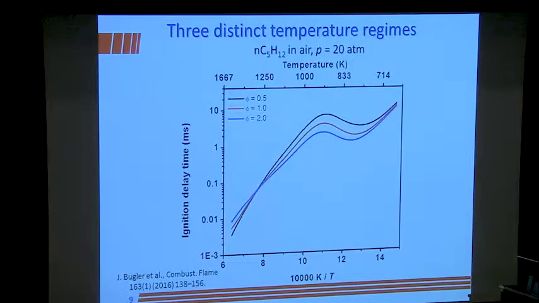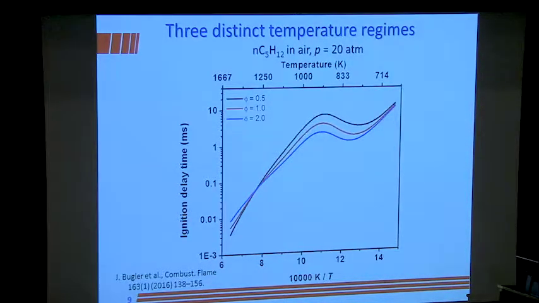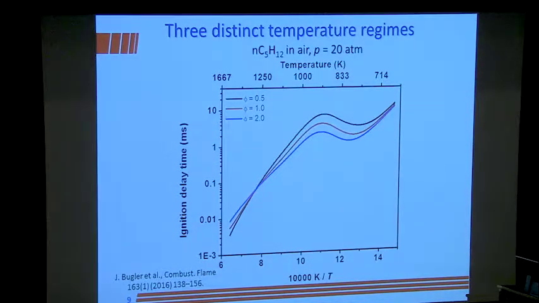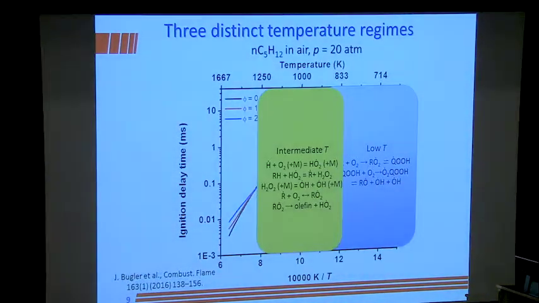The more RO2 you get, the more olefin plus HO2 you're going to get. The more HO2, the more H2O2, the more OH, and the more reactivity. So rich mixtures are faster even in the intermediate temperature regime, and it's due to this added mechanism.